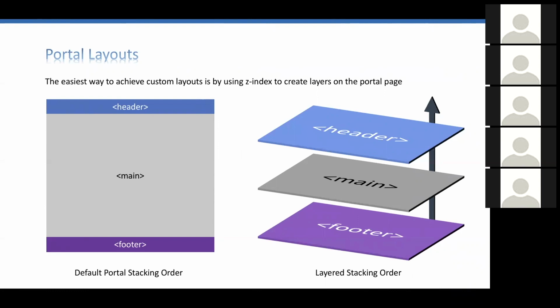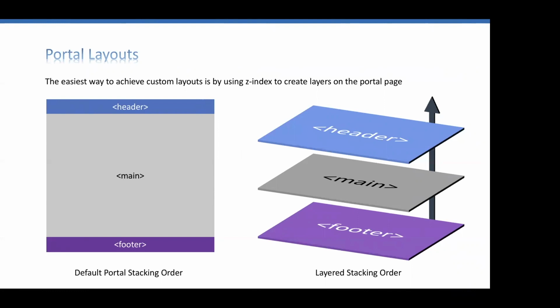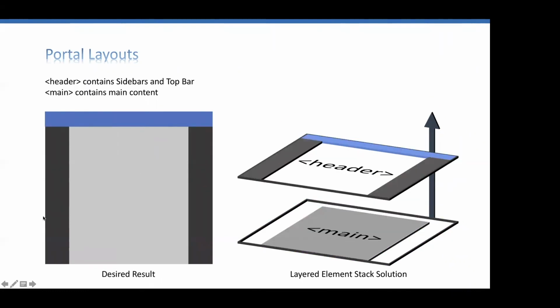If you've ever used Photoshop or Illustrator, then you're probably familiar with the concept of layers. And you can basically do the same thing in HTML by manipulating the Z-index. So taking this particular sidebar layout, you've got a top header navigation, you have a sidebar navigation to the left, and then you have additional contextual information to the right.